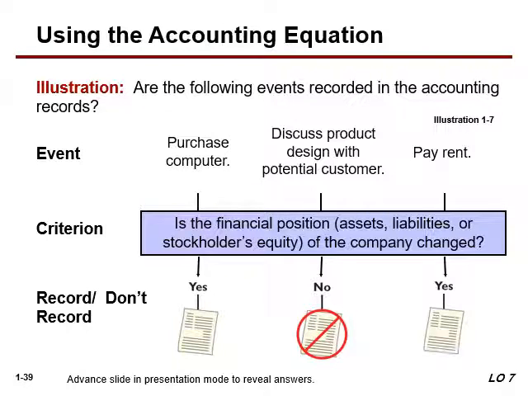Pay rent is a transaction. So pay rent and purchase computer are transactions and can affect the accounting equation. But just discussing product design with the potential customer is not a transaction, so there is no journal entry for it.